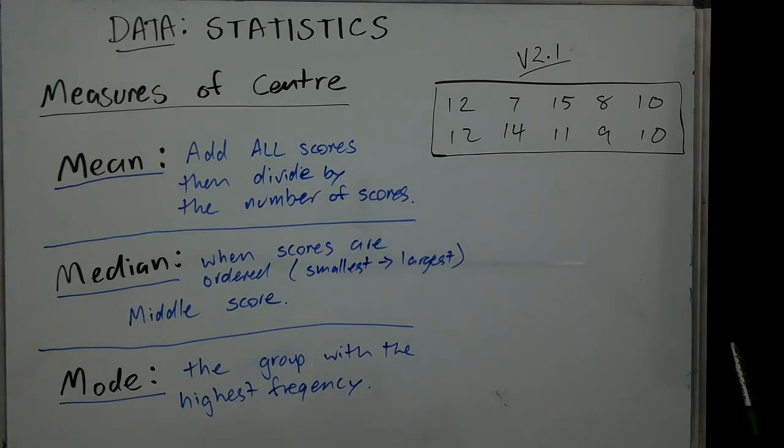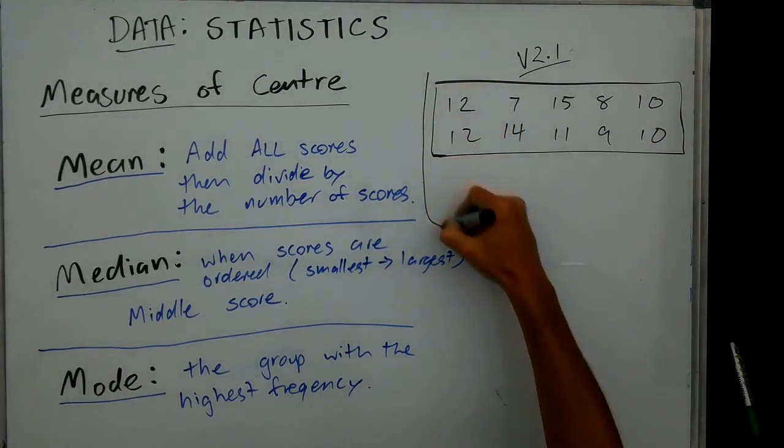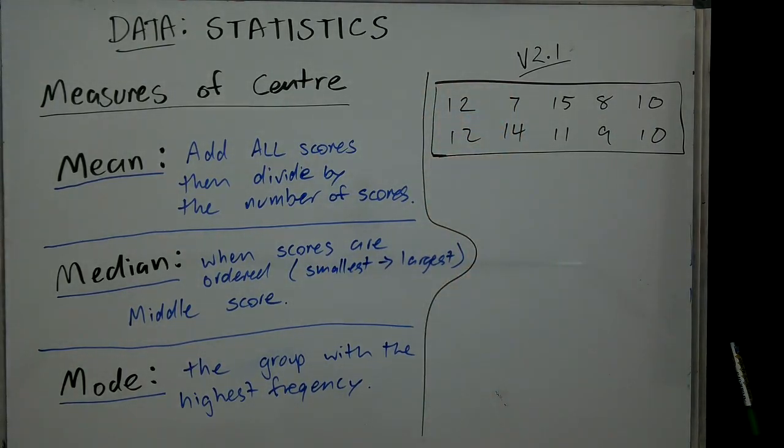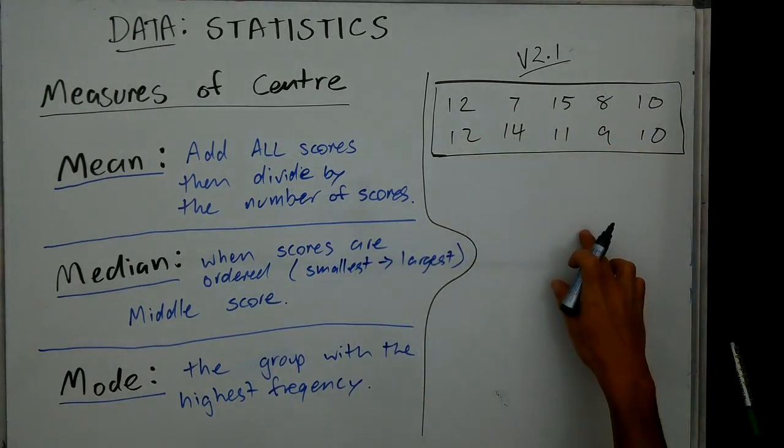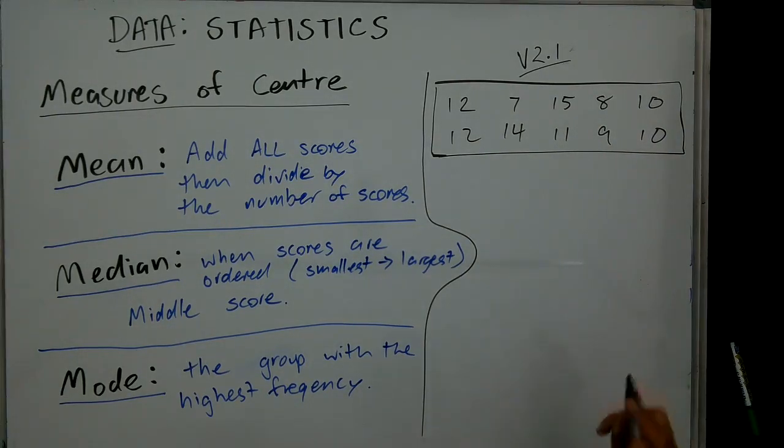So over here, exercise 1.2.1. Calculate the mean, median, and mode for the following data. Okay, so the first thing I'm going to do is rewrite all the data, except I'm going to put it from smallest to largest.